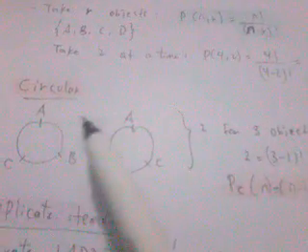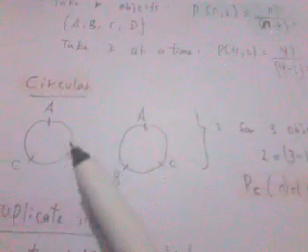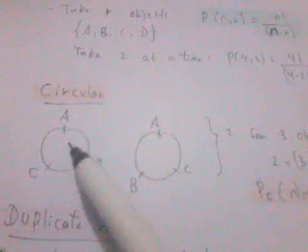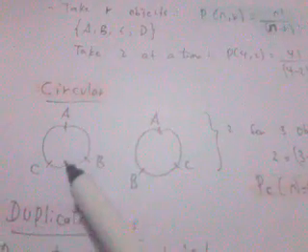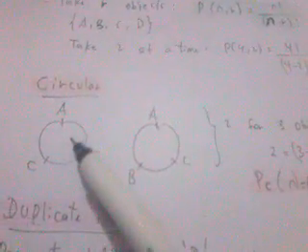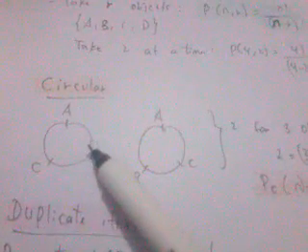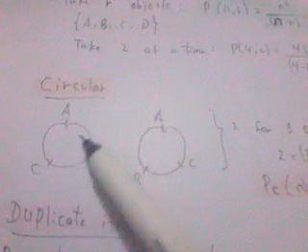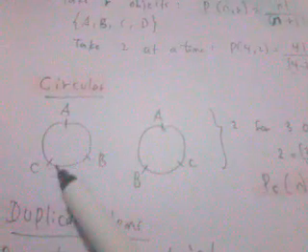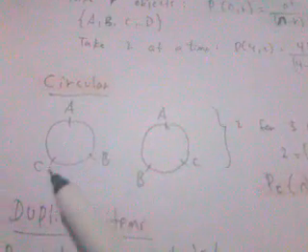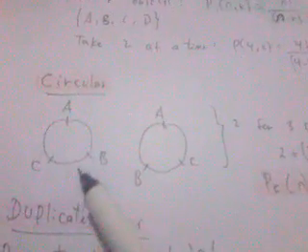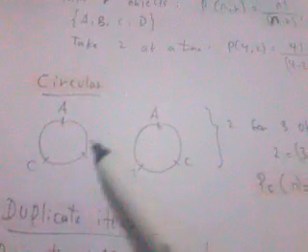Next, we have circular permutation. Circular permutation is not that tough. In how many ways? It just says put everything in a circle. But in this case, what's different is that you can't rotate the circle. If you write ABC and you write BCA, it's just the same thing because it's all in a circle and you can go around, start from anywhere.